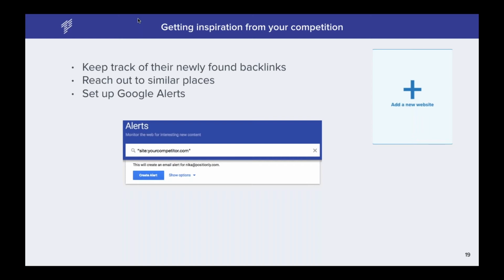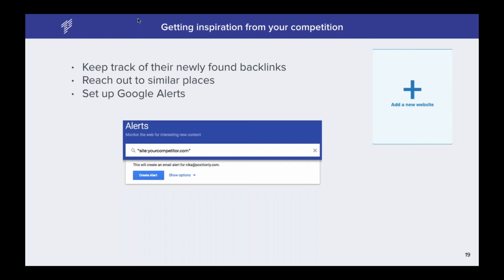As I said, our backlinks provider is Majestic, so we do have all their data fetched every 2 or 3 days. It gets automatically to Positionally, so you can keep track of their newly found backlinks and just get inspiration from where they are featured. You can then reach out to similar places.